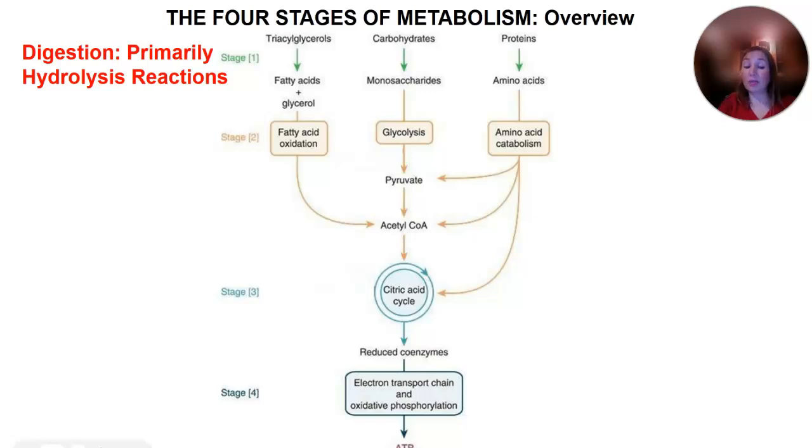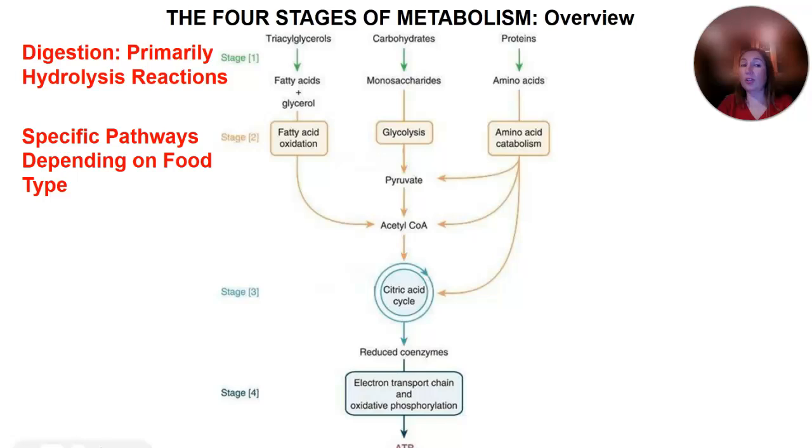So in digestion, which again is primarily hydrolysis reactions, first the triacylglycerols are hydrolyzed into fatty acids and glycerol. Go one column over, the carbohydrates are hydrolyzed into monosaccharides and the proteins into amino acids. That all happens in stage one, digestion.